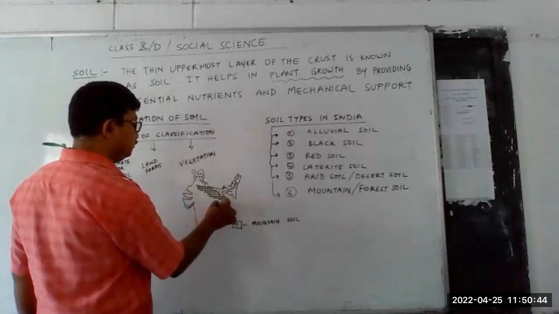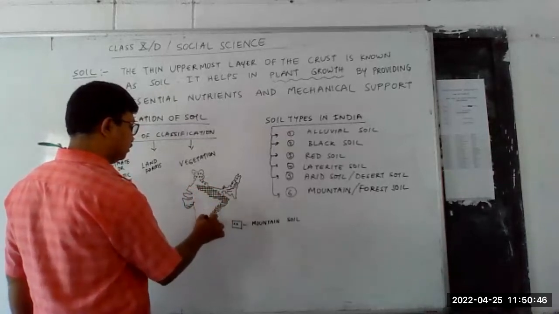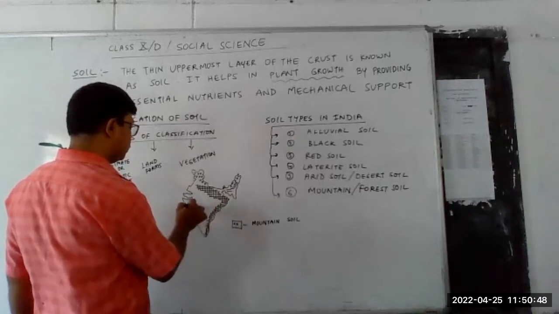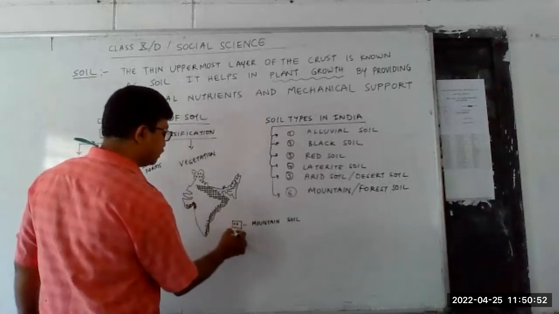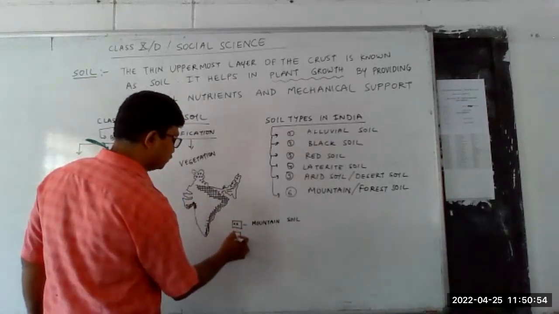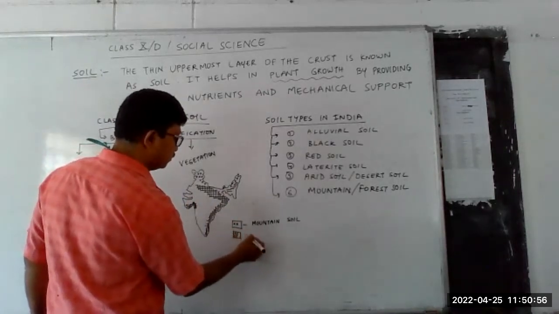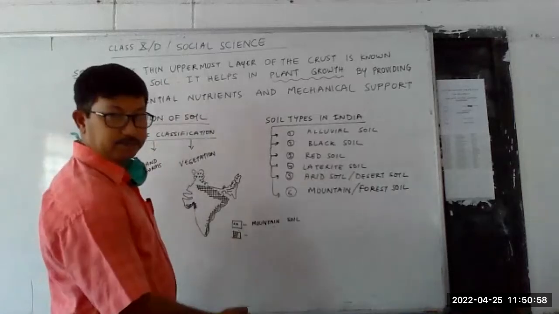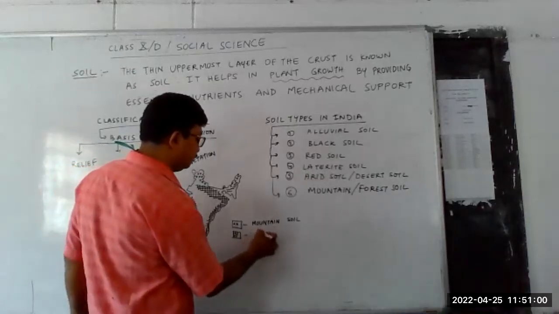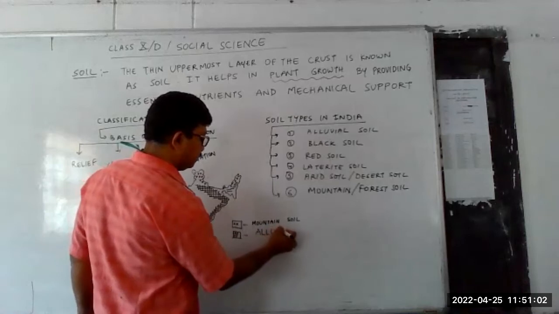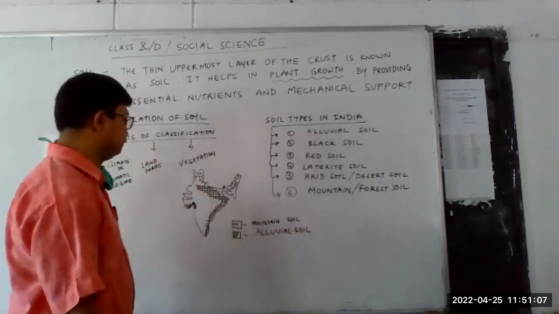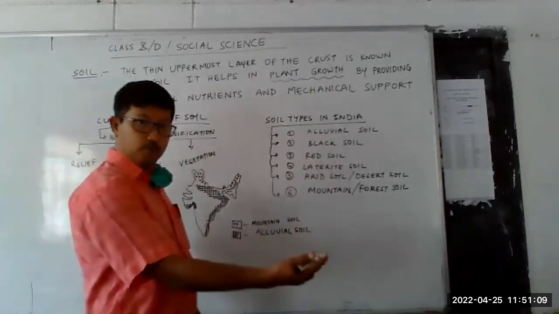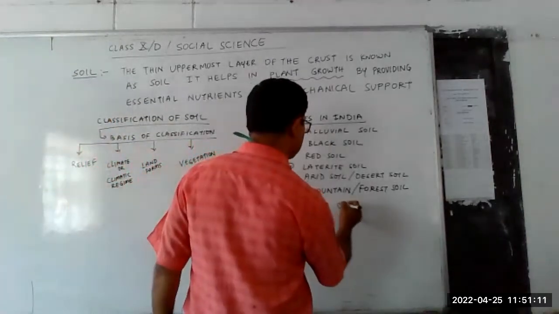Next one is alluvial soil. Number 2. In the copy it is better. Number 2 is alluvial soil. We can draw more maps and we can show.